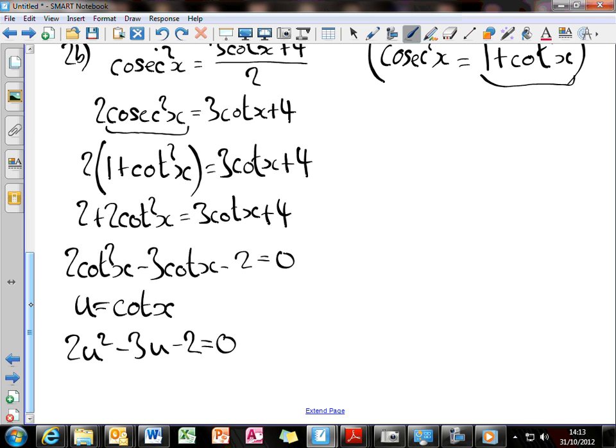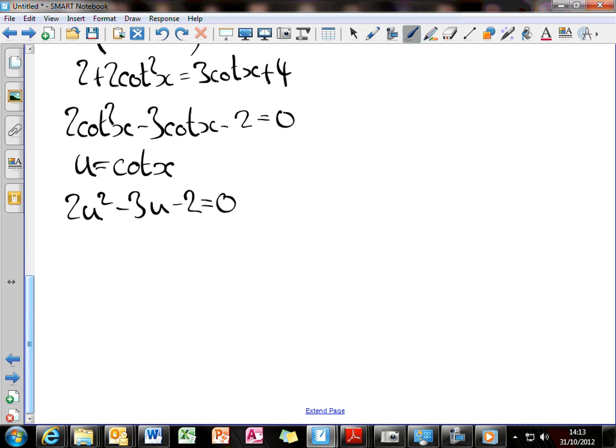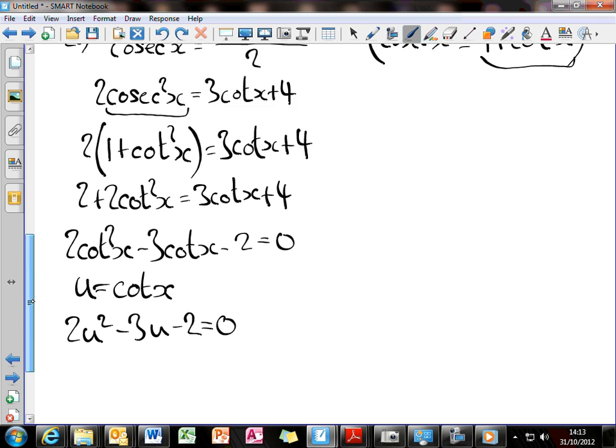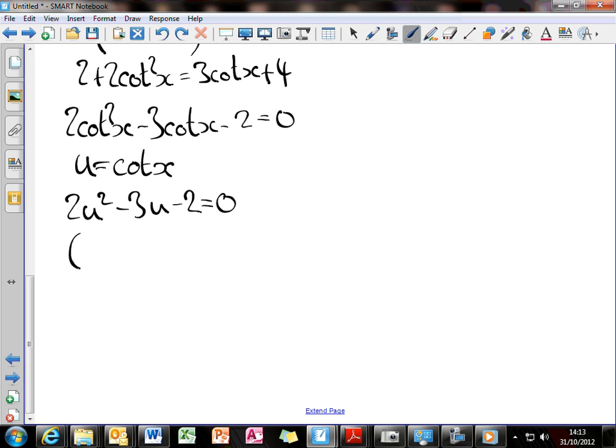Then we want to solve this quadratic equation, so we're going to try and factorise it. And you look at it for a little bit, and it should factorise to 2u plus 1 and u minus 2 equals 0.